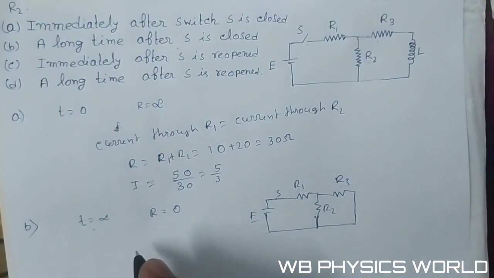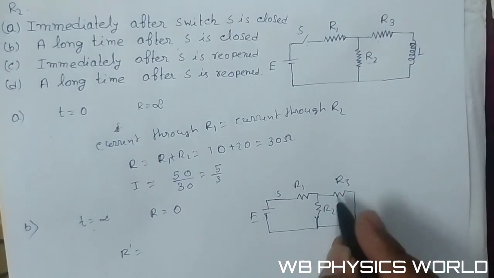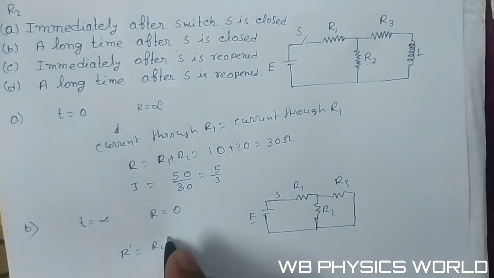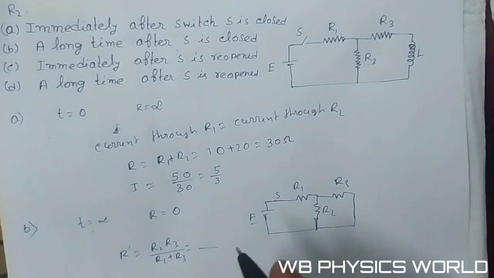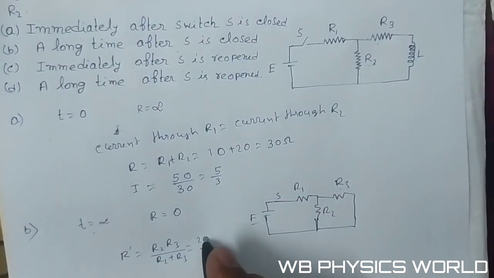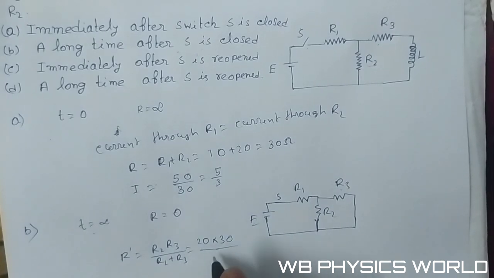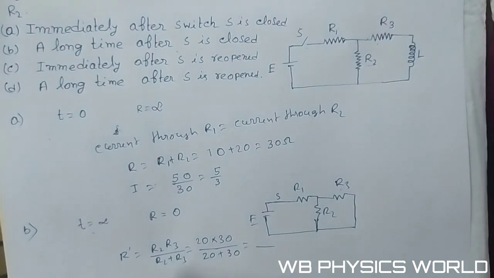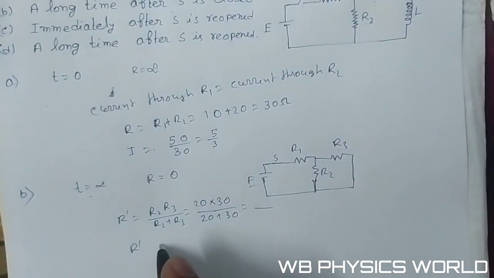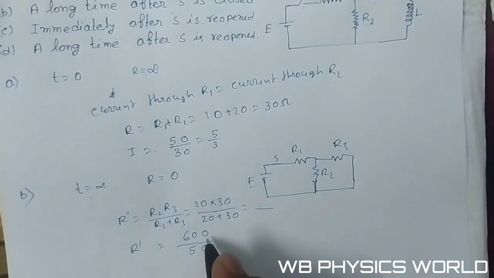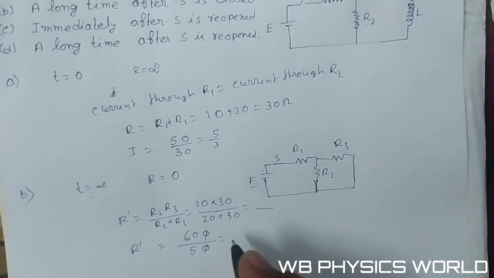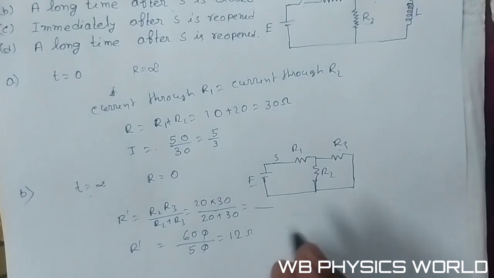So R2 and R3 are in parallel, that is equivalent resistance is R2 R3 by R2 plus R3. Here R2 is 20 and R3 is 30, so R prime is equal to 600 by 50, which is basically 12 ohm.